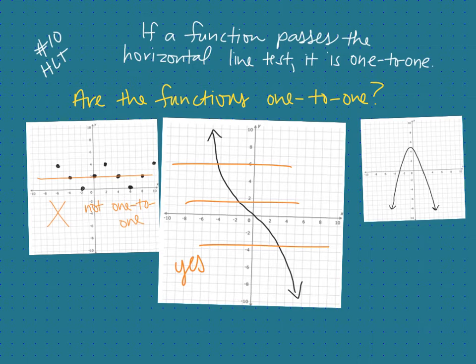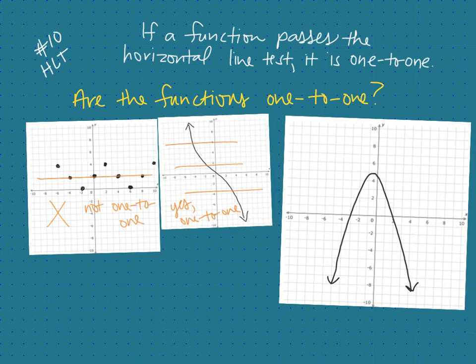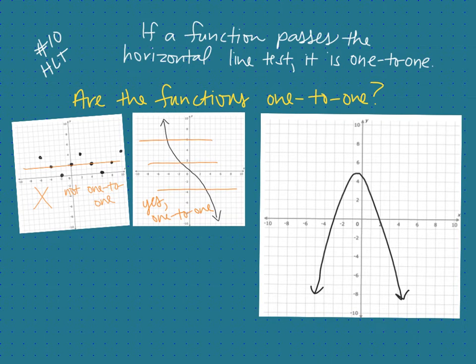Therefore, yes, this function is one-to-one. And lastly, we have a parabola here. A parabola is a function, but is its inverse a function? Let's see. No. I can draw multiple horizontal lines and they hit more than 1 time. So no, this is not a one-to-one function.